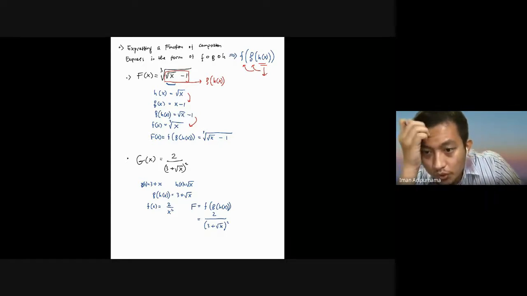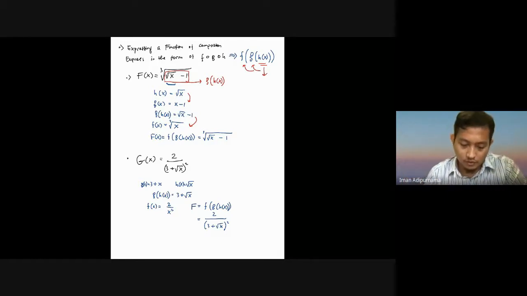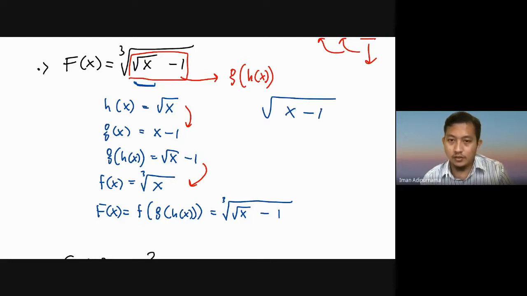Why is it square root of x minus 1 instead of the square root of x, minus 1? You mean this from here, right? So you want to make this, right?